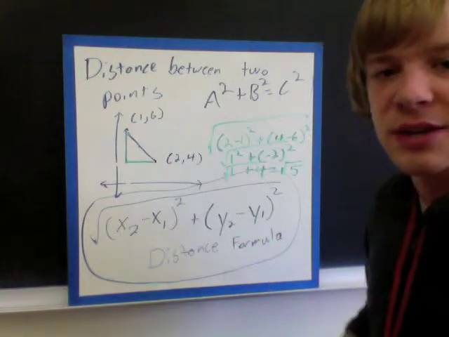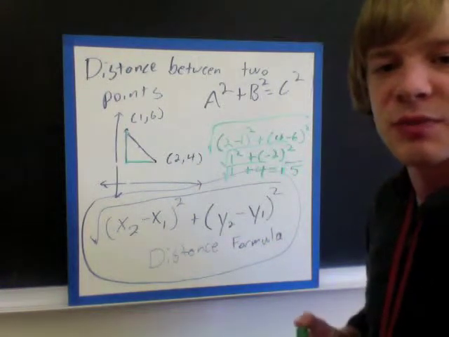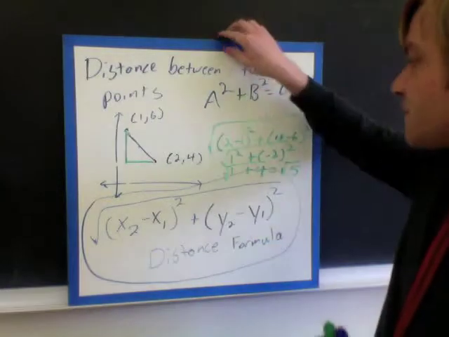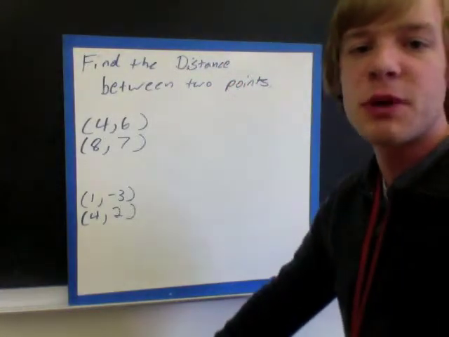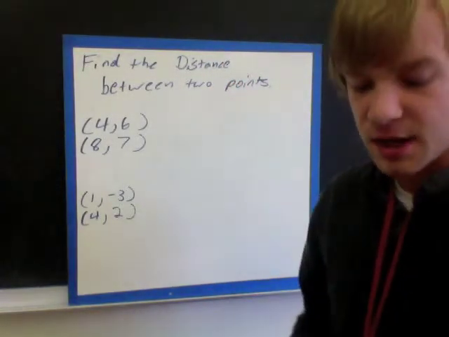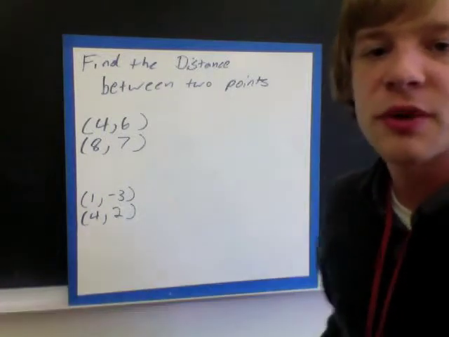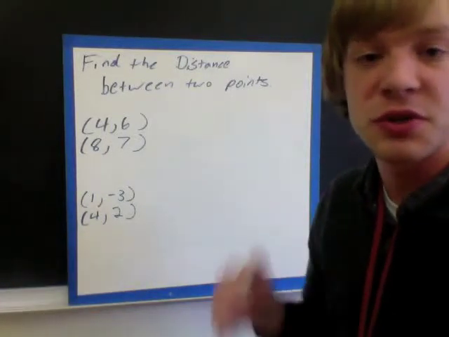Let's go ahead and take a look at a couple examples in a little bit more detail here. Okay, so we've got 2 problems right here, and we want to find the distance between these 2 points. We're still going to use our same formula.